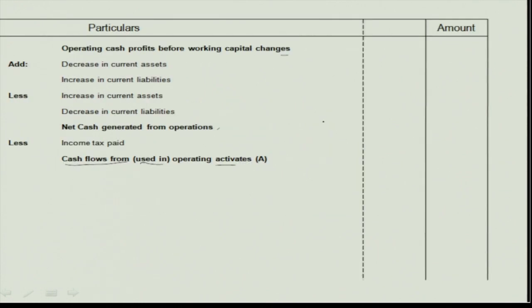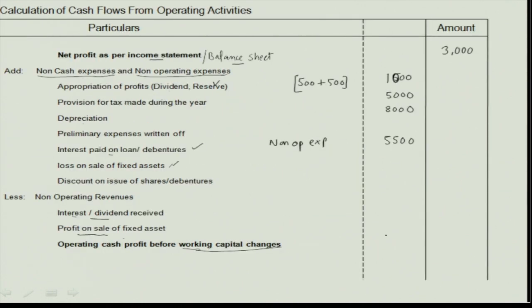So we are going to deduct this amount by writing it here, and I'm putting this in parentheses because this is a negative figure. So we need to do these calculations and figure out the amount, which comes out to be 18,500. So this gives us 21,500 to be the operating cash profit before working capital changes.